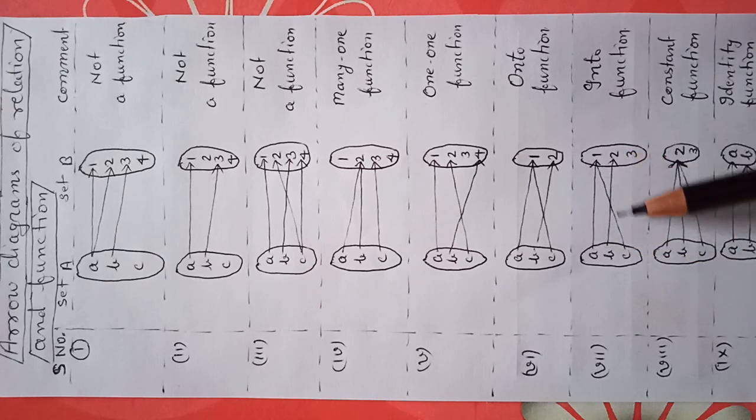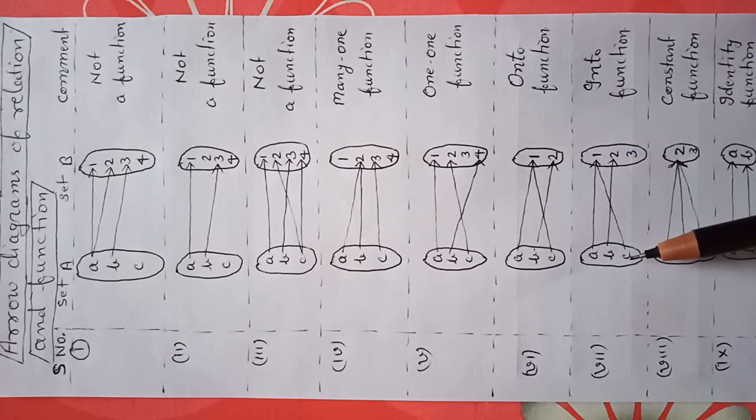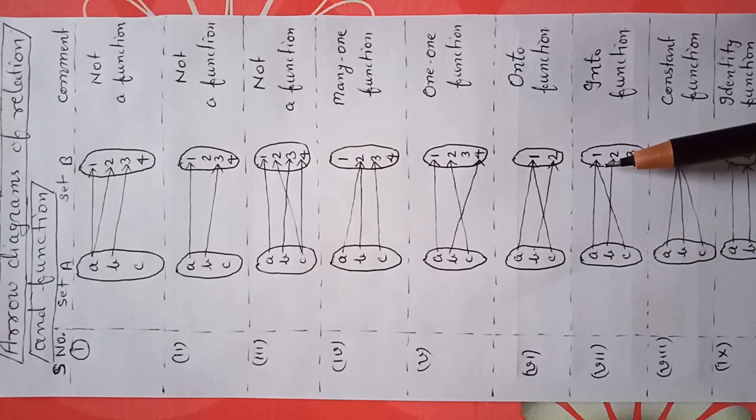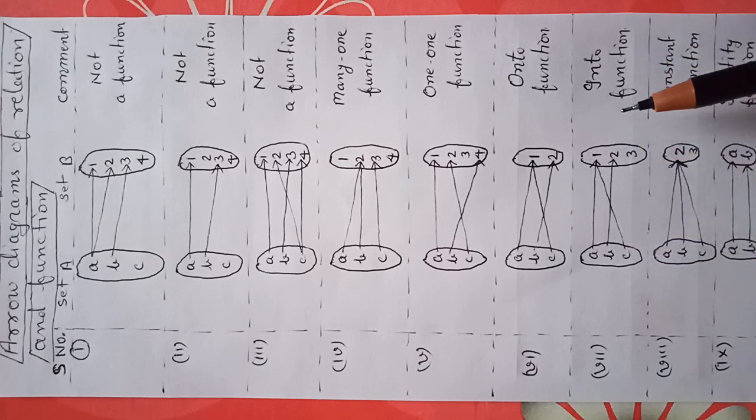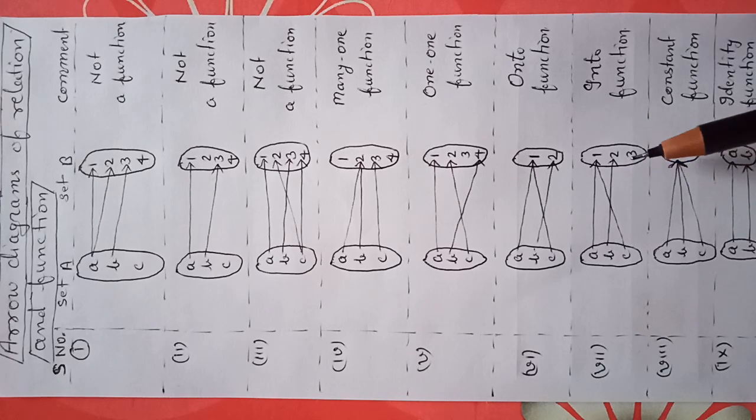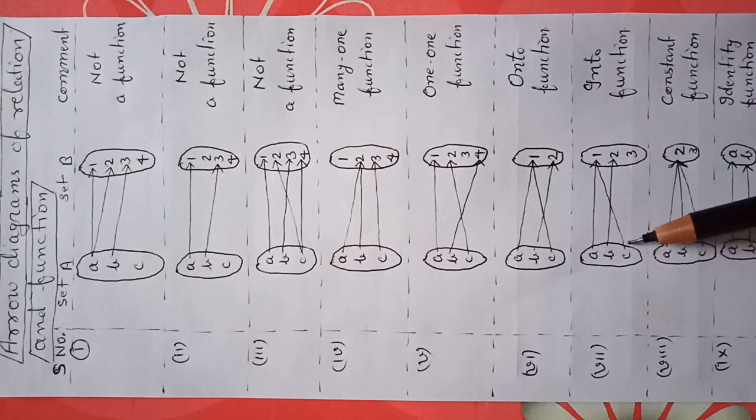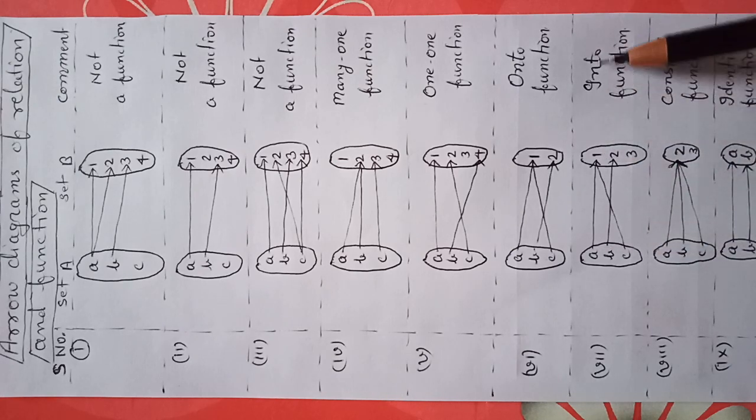It is also many one function because the images of A and C is 1. Also we see that here the range contains 1 and 2. Range of the function is a part or subset of the codomain, and therefore it is an example of many one and into function.